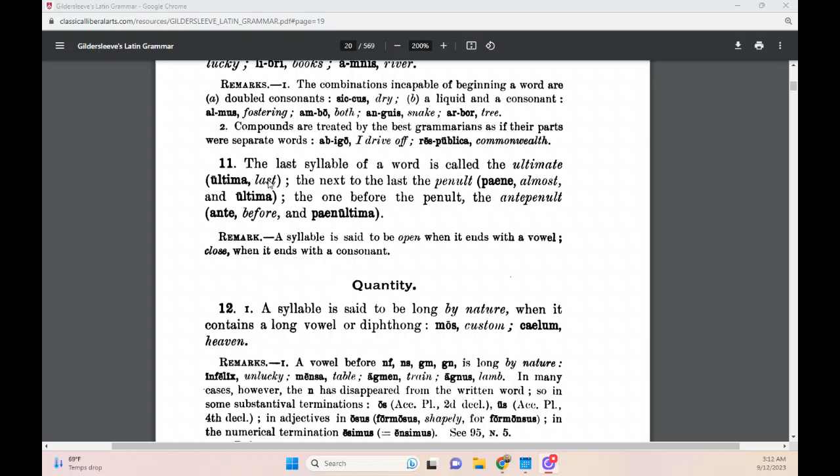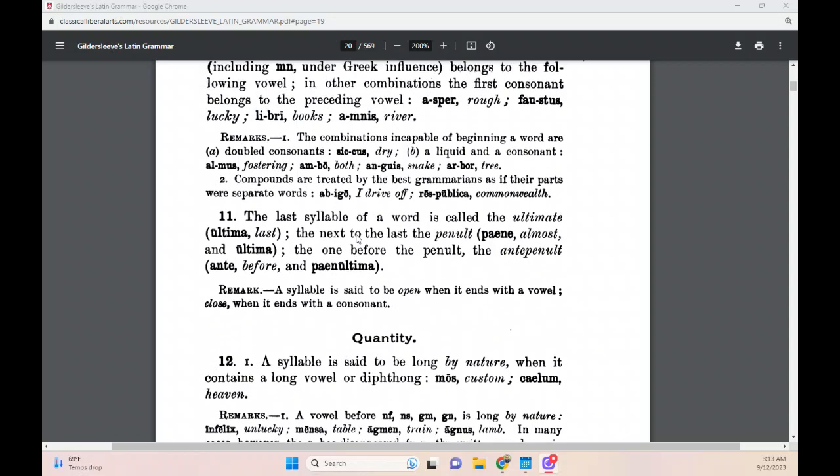And then lastly, under Article 11, we see one final remark. A syllable is said to be open when it ends with a vowel and closed when it ends with a consonant. So if we look up here at some examples, we see this first syllable in the word almus.